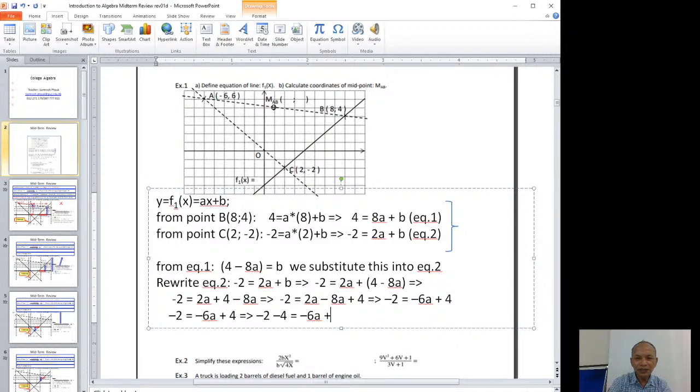The 4 disappears because it jumps over to the left and becomes negative 4.